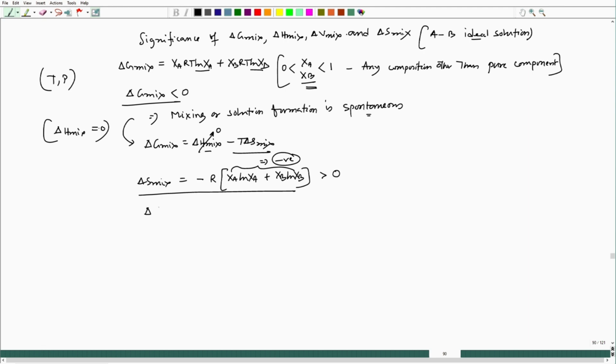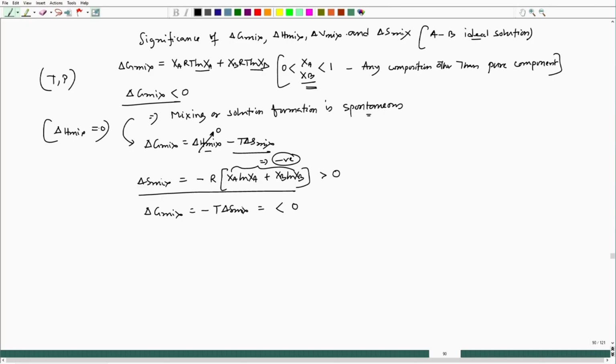Now, delta G mix equal to minus T delta S mix, so this is always negative, less than 0. Why? Delta S mix is positive. For the solution formation, delta S mix becomes always positive.